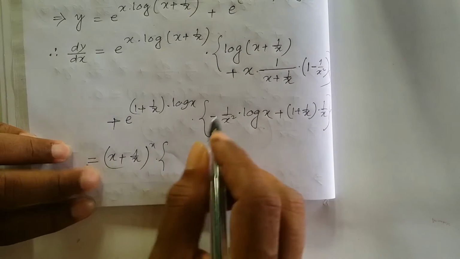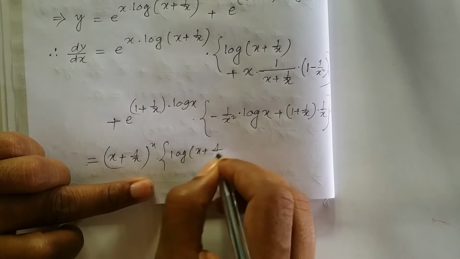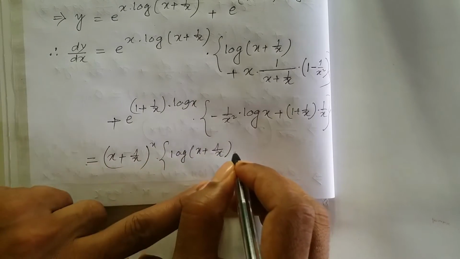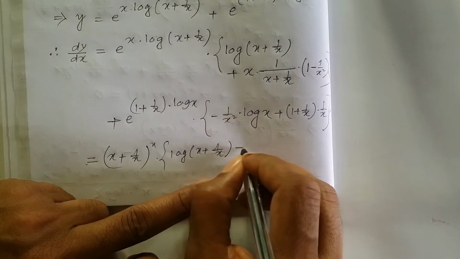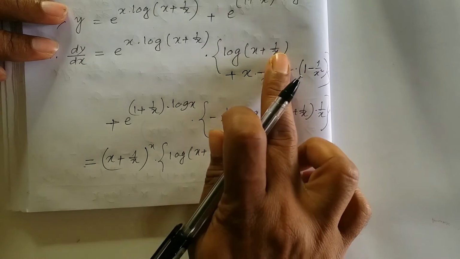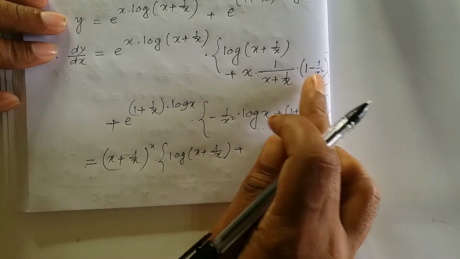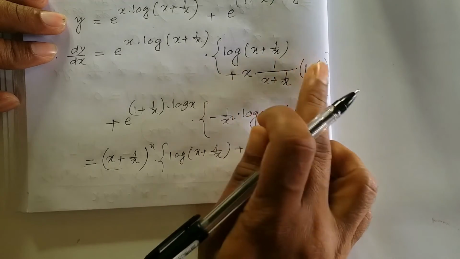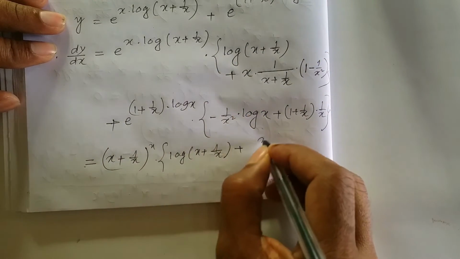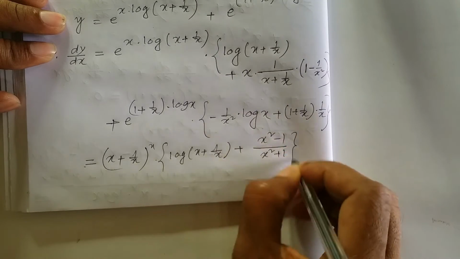So whole into, it is actually log of x plus 1 by x, then plus, here you calculate directly, x is LCM, will go to the numerator, so which is x square by x square plus 1, and here x square is cancelled, x square minus 1 will be the numerator and divided by x square plus 1 will be the denominator.